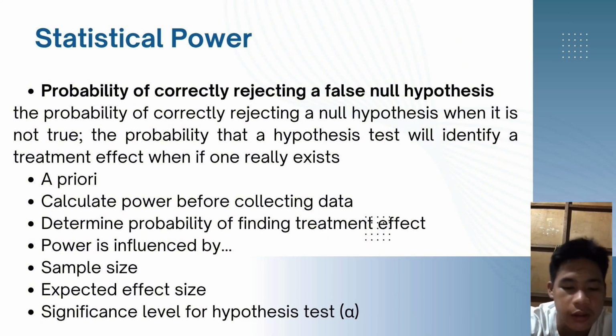We calculate power before collecting data, using sample size, expected effect size, and the significance level of the hypothesis test, to determine the probability of finding a treatment effect.